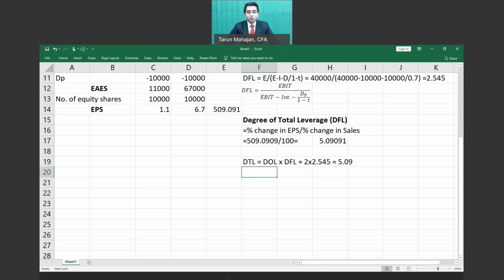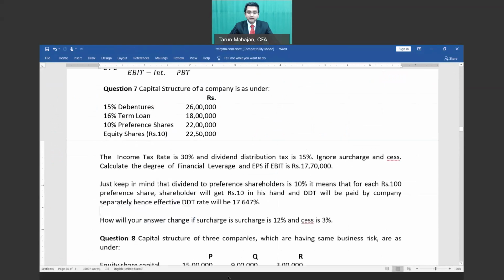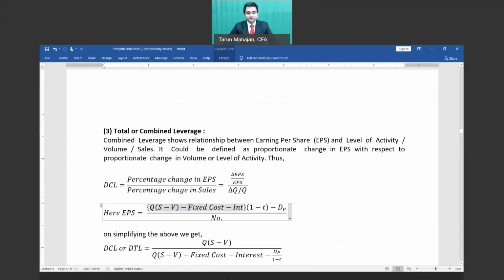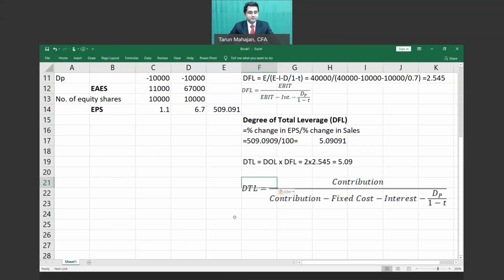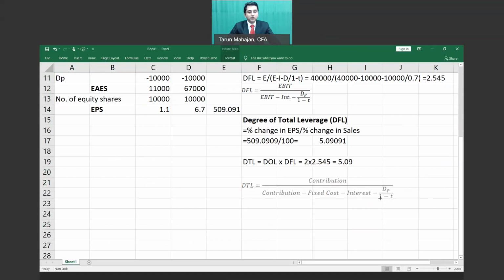Now there is one more shortcut formula for DTL, and it will look like this: contribution upon contribution minus fixed cost minus interest minus dividend on preference share, where dividend on preference share is divided by 1 minus tax rate.